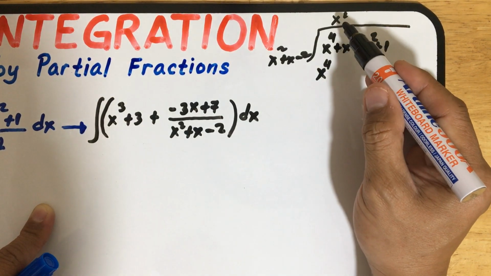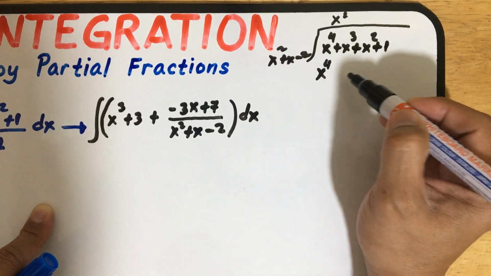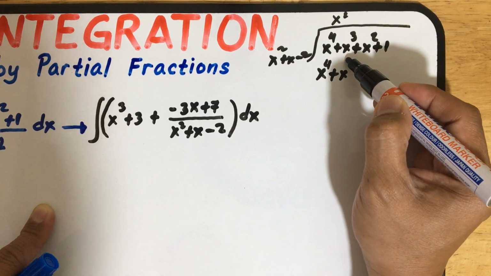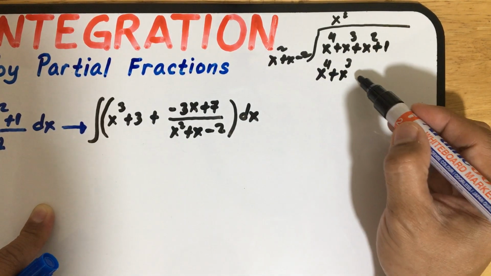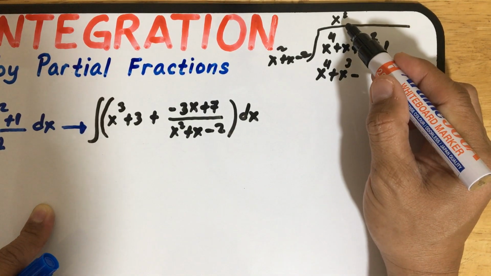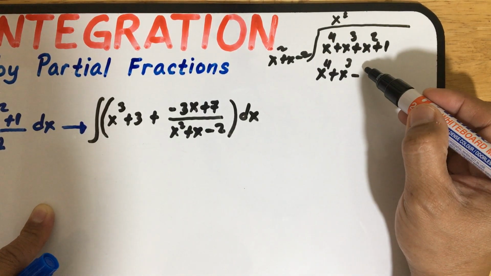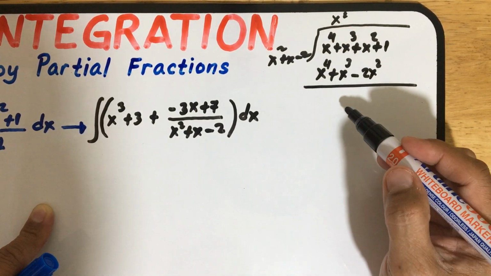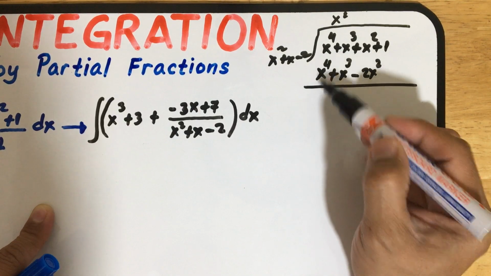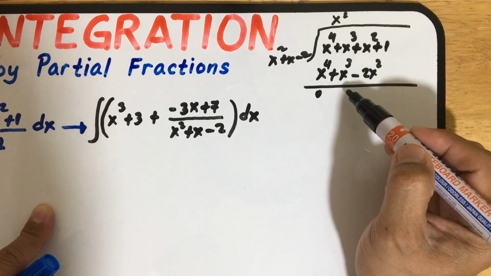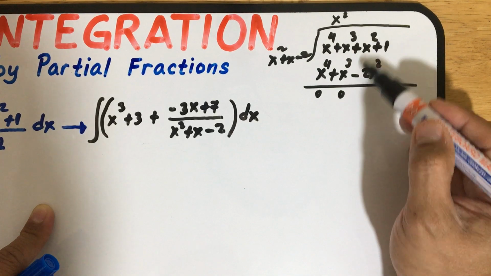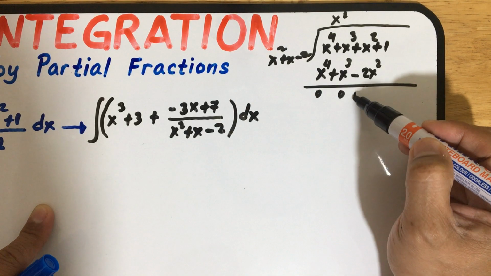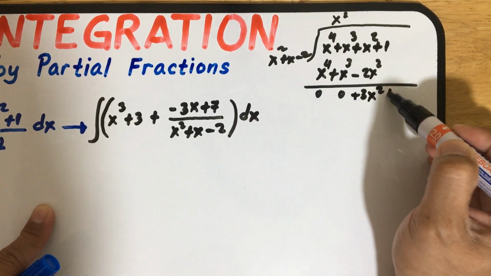Then x squared times x, so that will be plus x cubed, then x squared times minus 2, so minus 2x squared. Okay, and then you subtract. So when you subtract, this becomes 0, and this one is also 0. This becomes positive, so this becomes plus 3x squared, then plus 1.